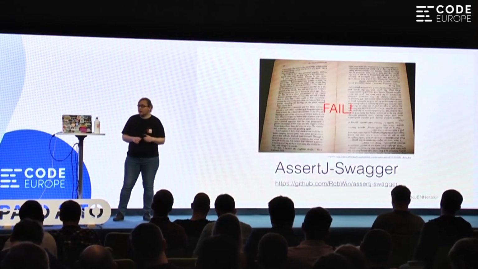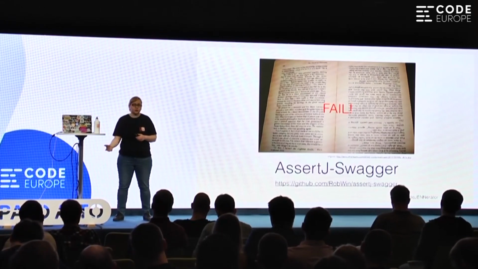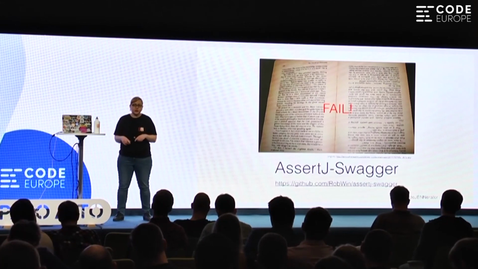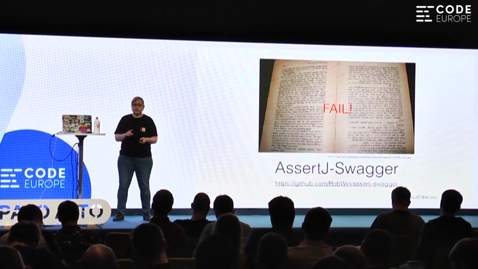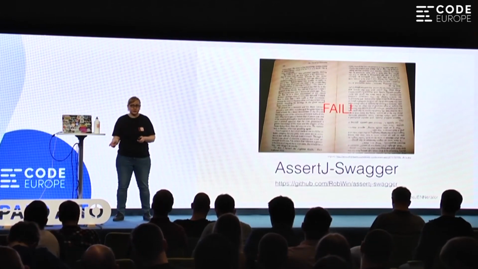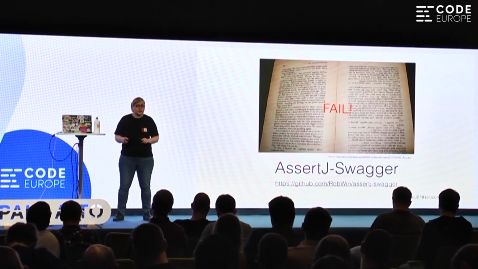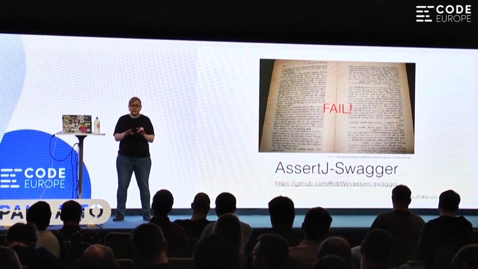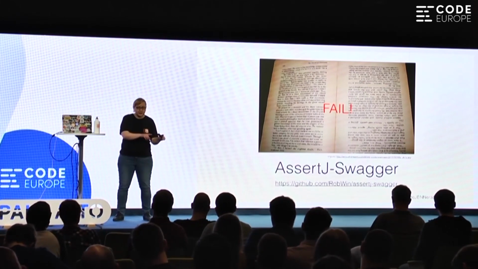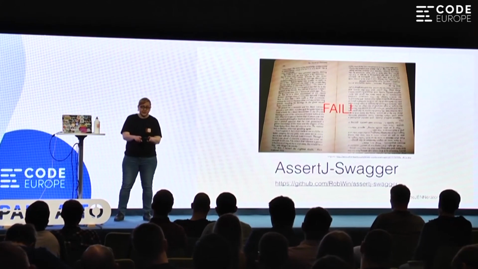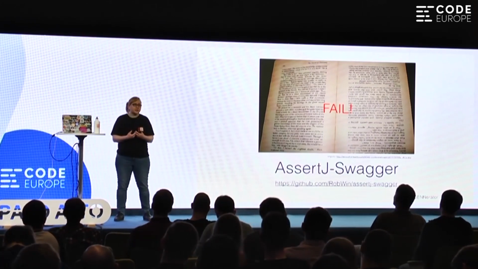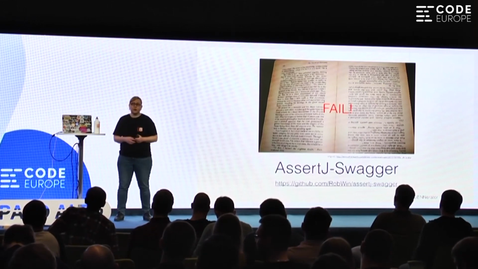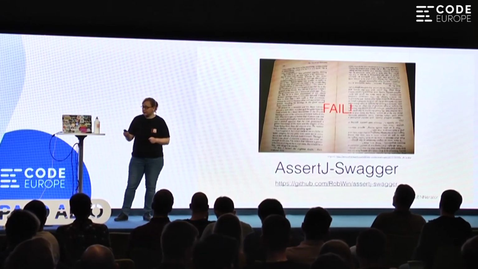So assert JSwagger is a contract-first approach where you can write out your contract and then verify that your contract matches the Swagger specification. Now that doesn't mean that the contract matches what you implemented or the Swagger specification. So by using these together, you can hopefully cover your whole pipeline. Okay.